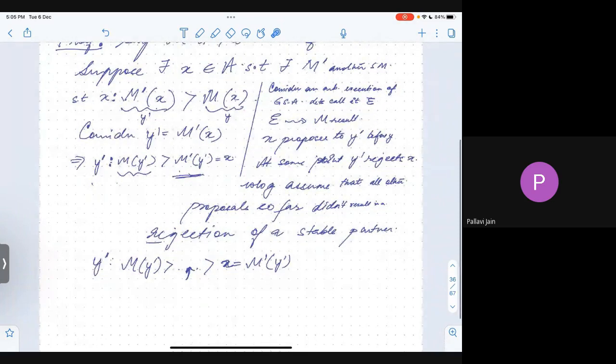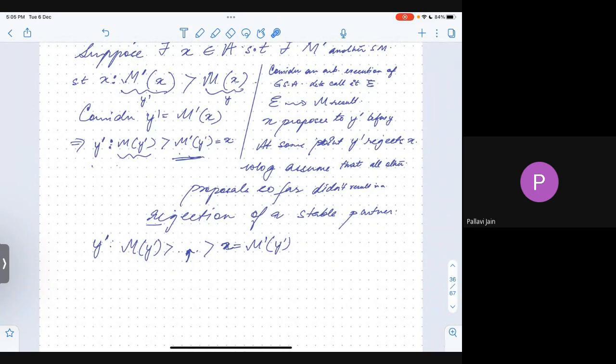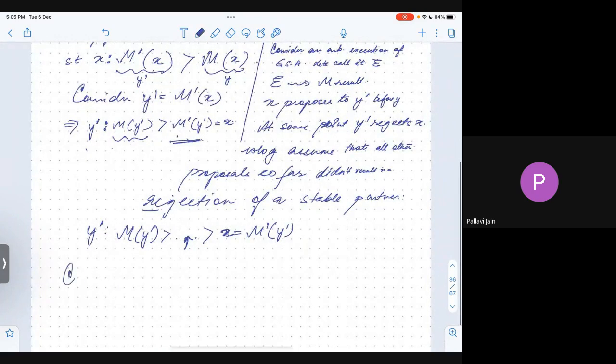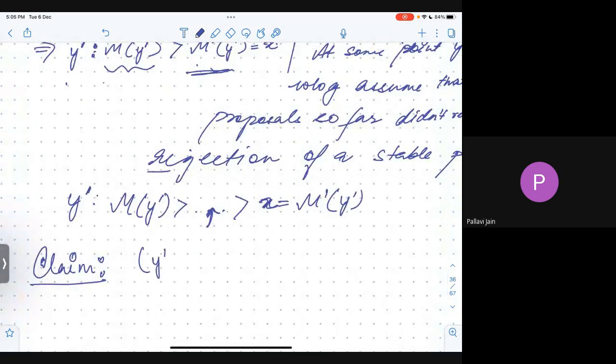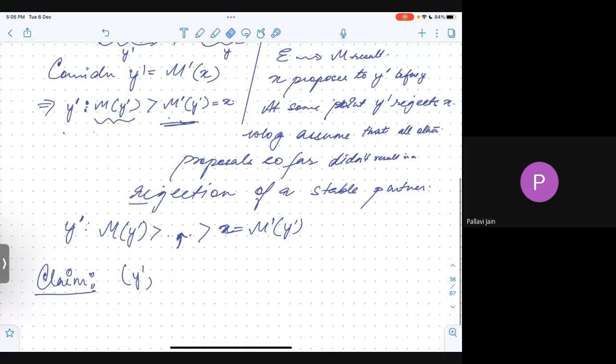Whoever this man is, in M, can you see it?